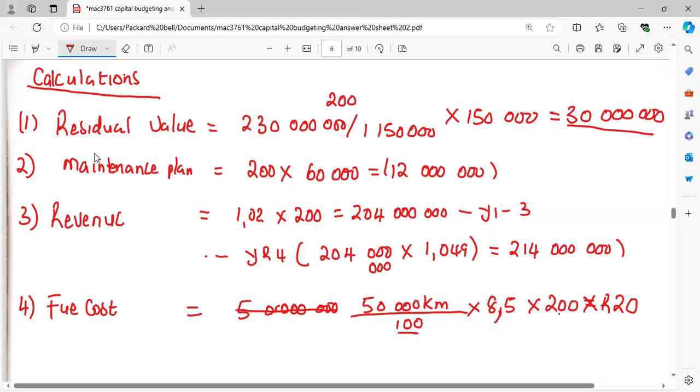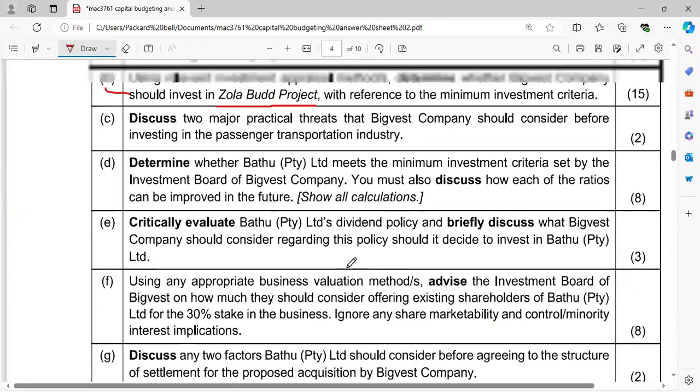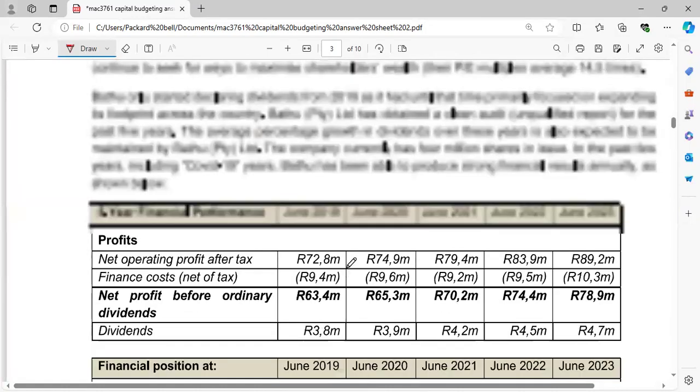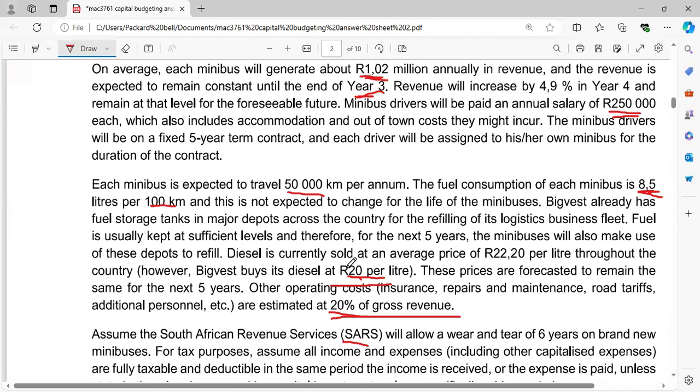Let me go to the scenario so that we understand what exactly is happening there. These guys say each minibus is expected to travel 50,000 kilometers per annum. Are we together on that one? Yes. Then the fuel consumption of each minibus is 8.5 liters per 100 kilometers. So for every 100 kilometers in these 50,000, it is going to consume 8.5 liters.